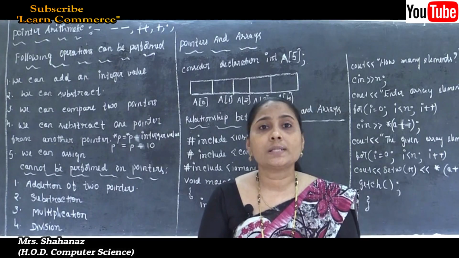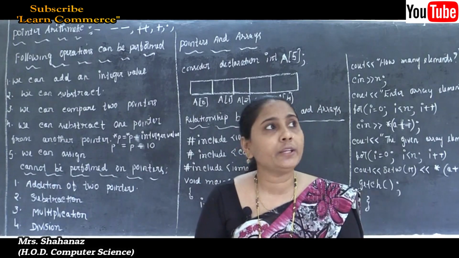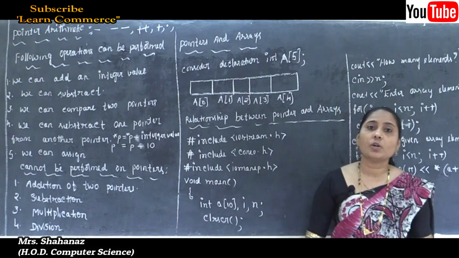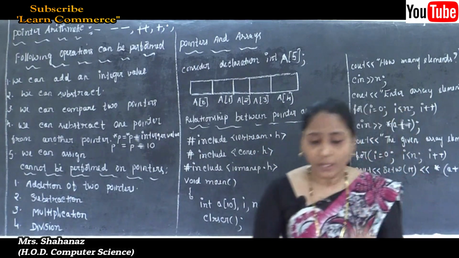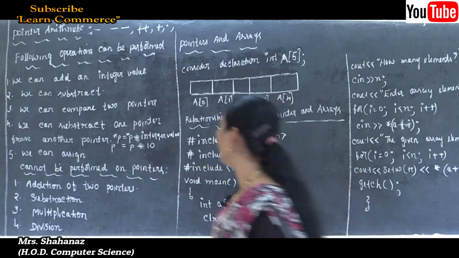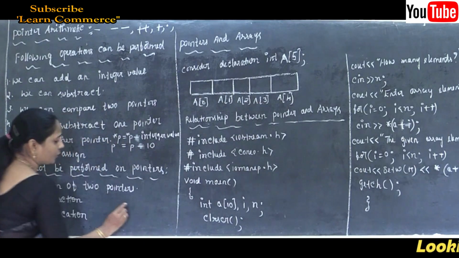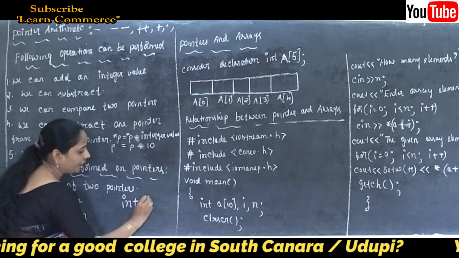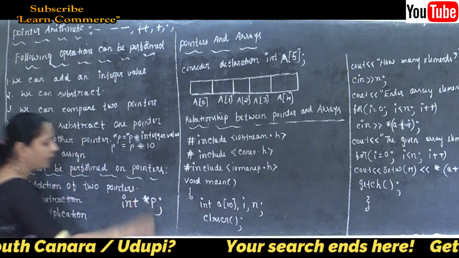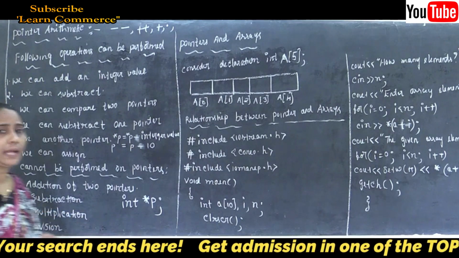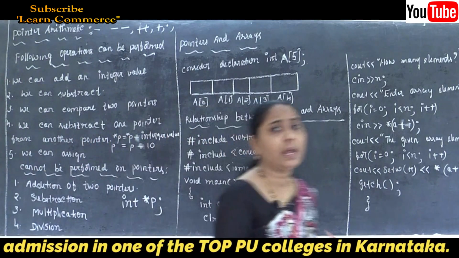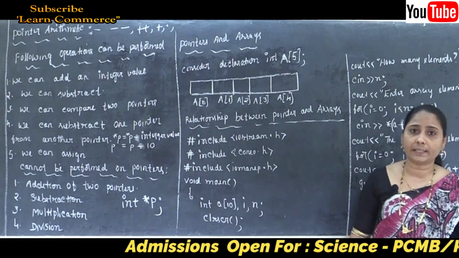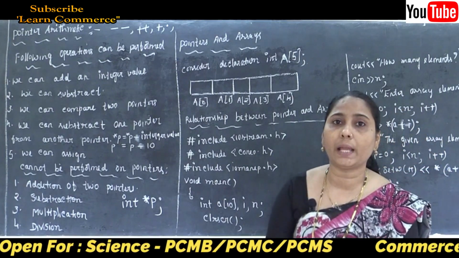But there is also something important to remember in our pointer arithmetic operations. Suppose you are declaring one pointer variable, an integer pointer p. In this case, I declared one pointer variable, the name of the pointer variable is p, and it is declared with the data type int here.